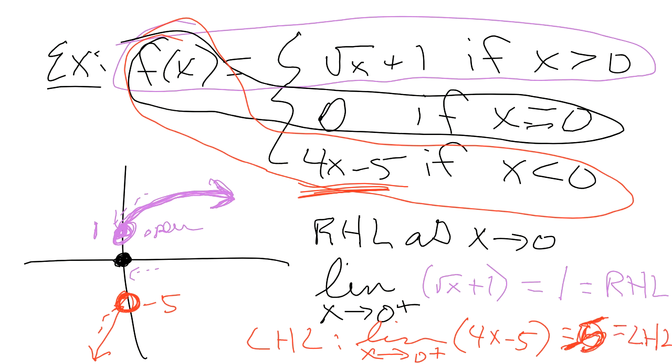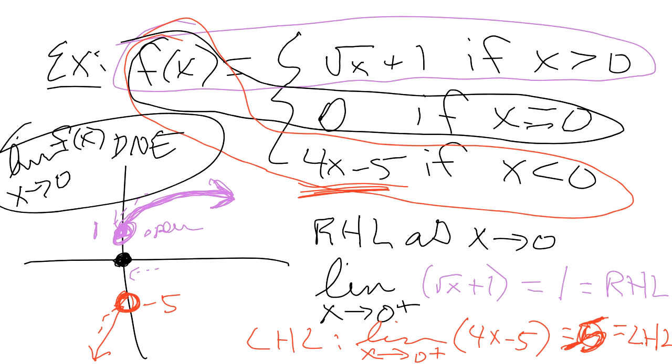So then what could I say? By the way, f of 0 is 0, but that isn't part of a limit, right? Anyway, what I can say is the limit as x approaches 0 from both sides of f of x does not exist. DNE is shorthand for does not exist. Remember, this is both sides.